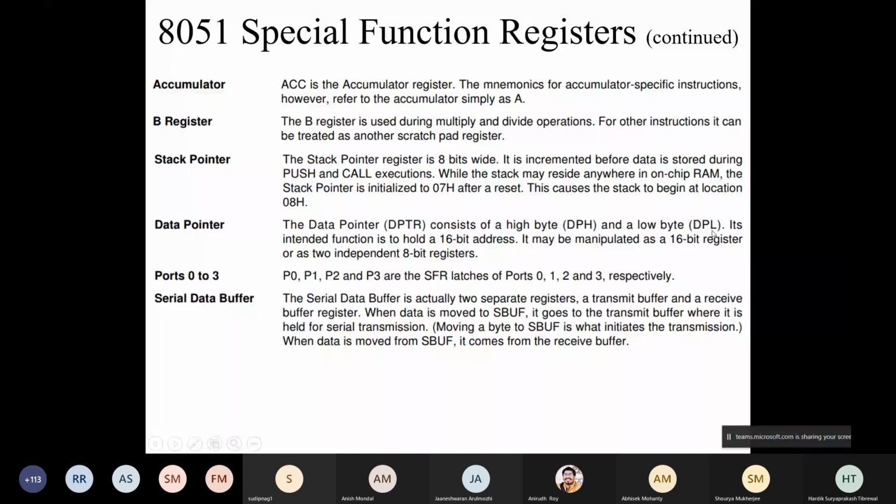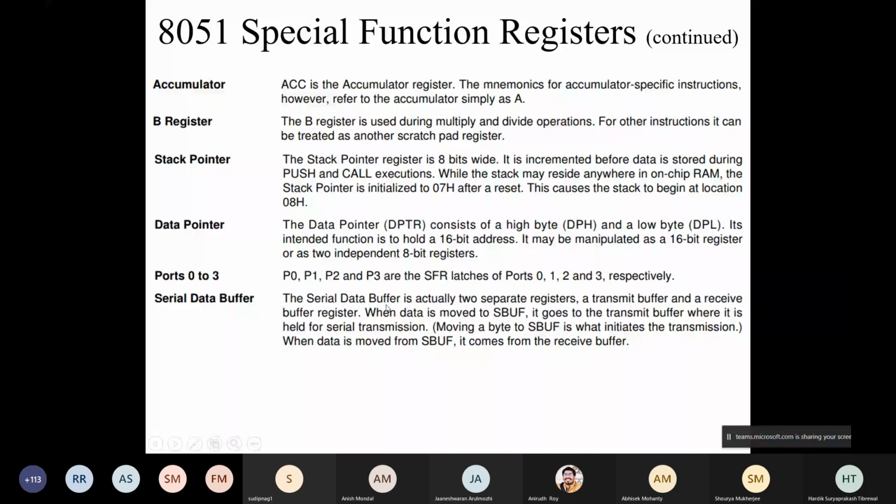Ports 0 to 3 are again SFRs, we have discussed this quite a lot. Serial data buffer is SBUF for TX and RX that you had seen. This data buffer is nothing but a temporary warehouse, you can say.